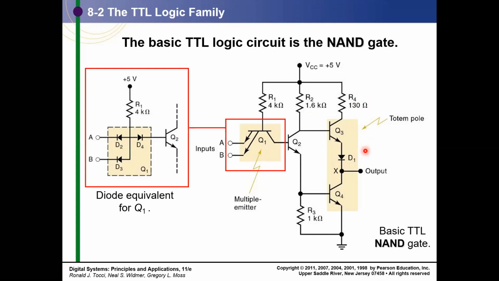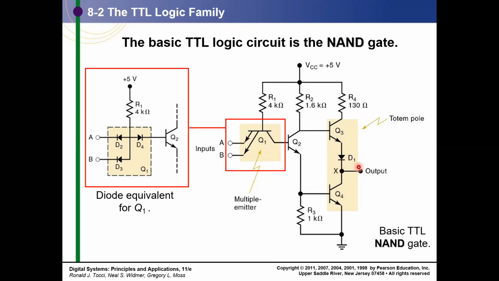And if you eliminate these three devices, it becomes an open collector configuration. This collector of Q4 is open, not connected anywhere, and this can directly be connected to the load which you want to connect. So in those applications, you need an open collector kind of configuration.